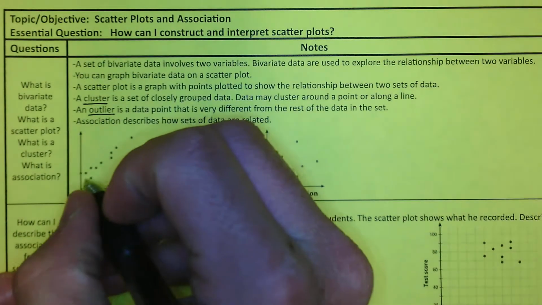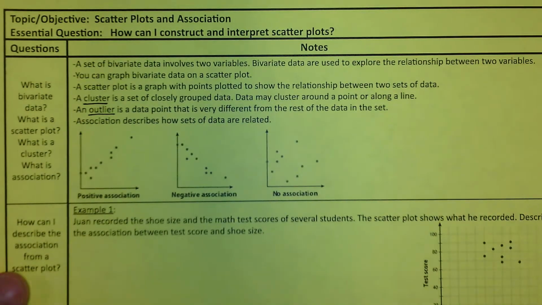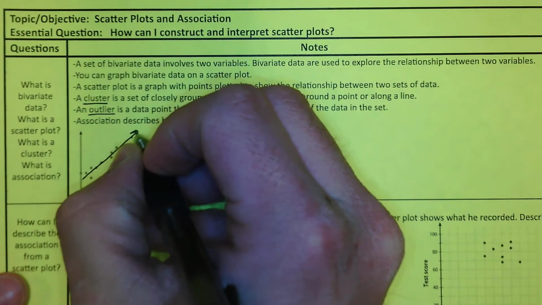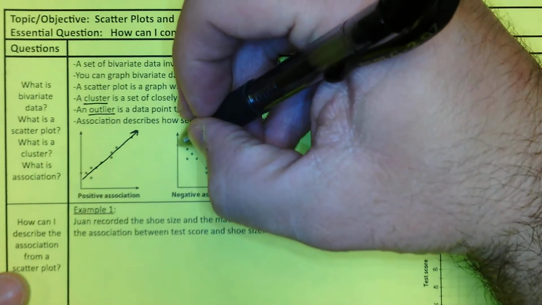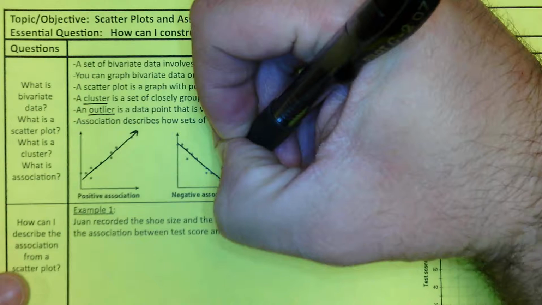So we notice that with a positive association, such as with the height and shoe size, we're going to have a positive upward trend. With negative association, like with the phone battery, we have a downward trend.